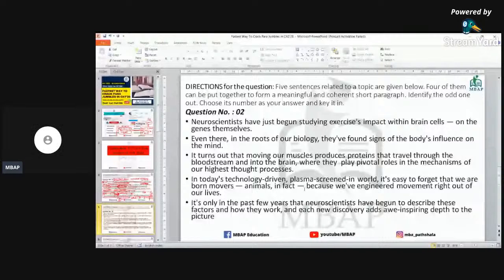Okay, so guys, are you able to see question 2? I have changed the slide. Is question 2 visible to everyone? Can you all see the second slide? Okay, perfect.